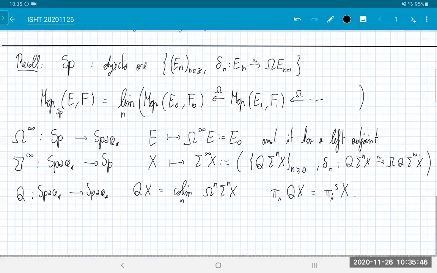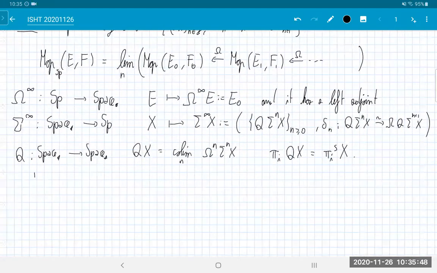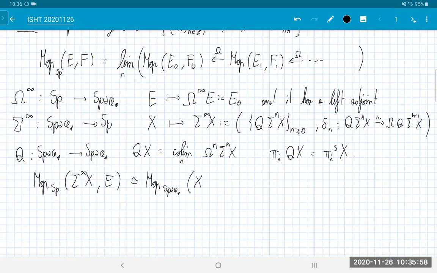And the last thing we saw is that maps in spectra from sigma infinity X into E is the same thing as maps in pointed spaces from X to omega infinity of E. I'm not going to repeat the proof. It's essentially writing a big diagram, and once you write the right diagram, the proof falls down almost by magic.